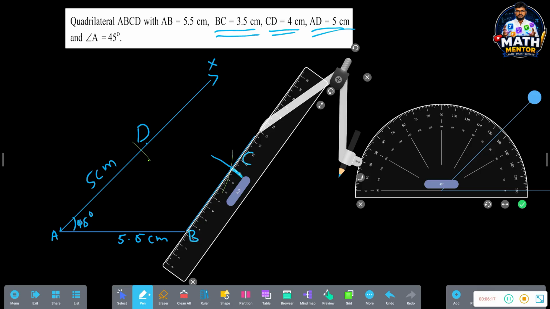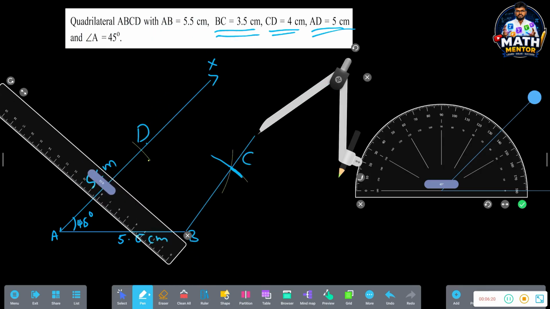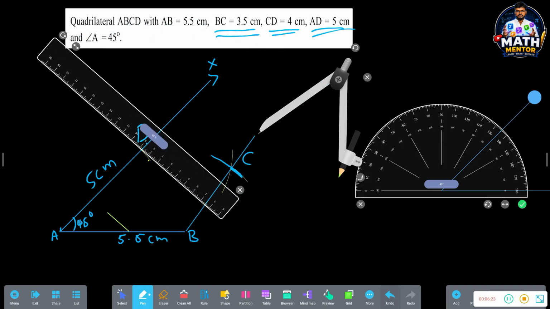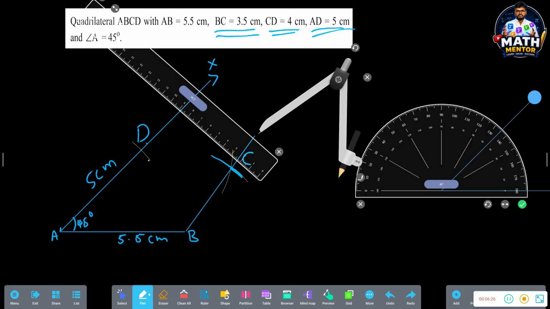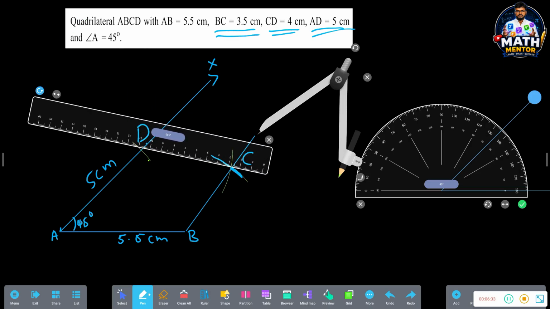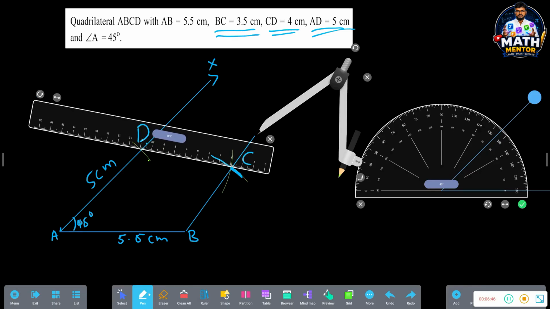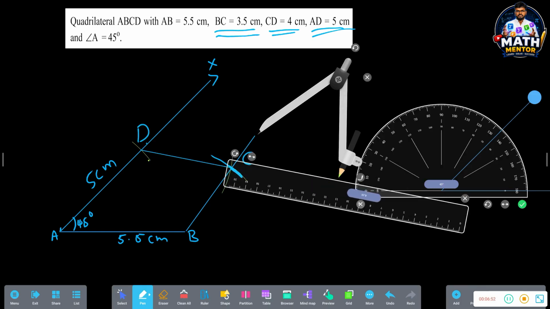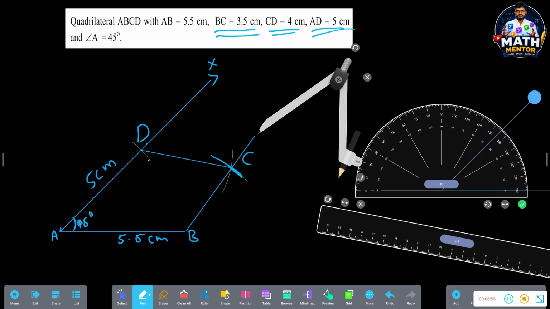So this is BC. This is CD. Therefore we got the required quadrilateral ABCD.